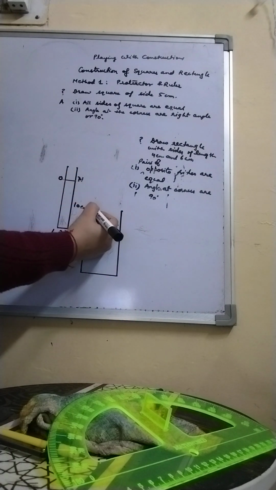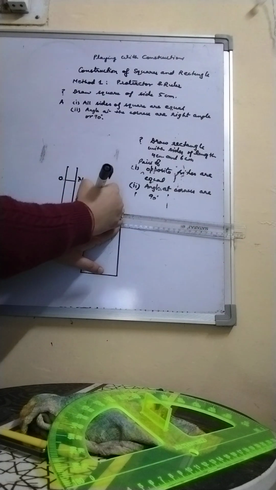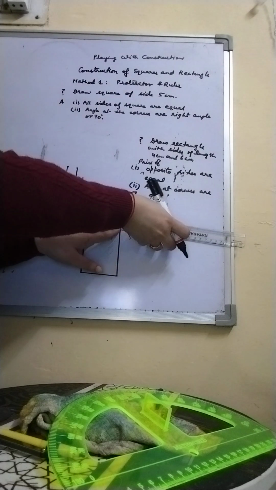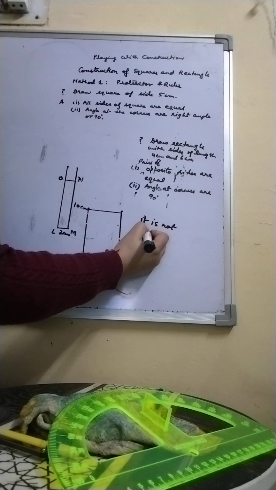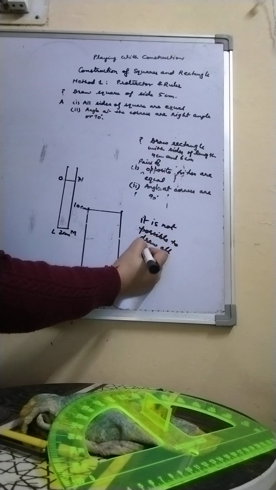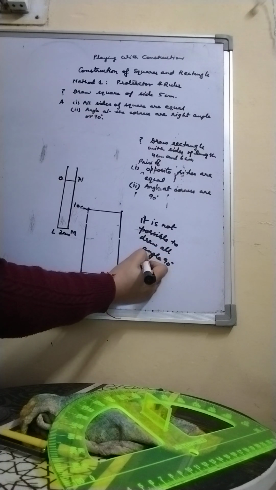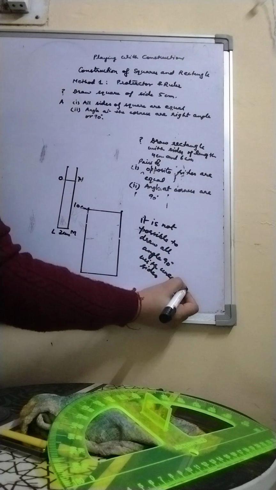Now if you want the two other angles to be 90°, then only would the opposite sides become equal, and so we can say that it is not possible to draw all angles 90° with unequal opposite sides.